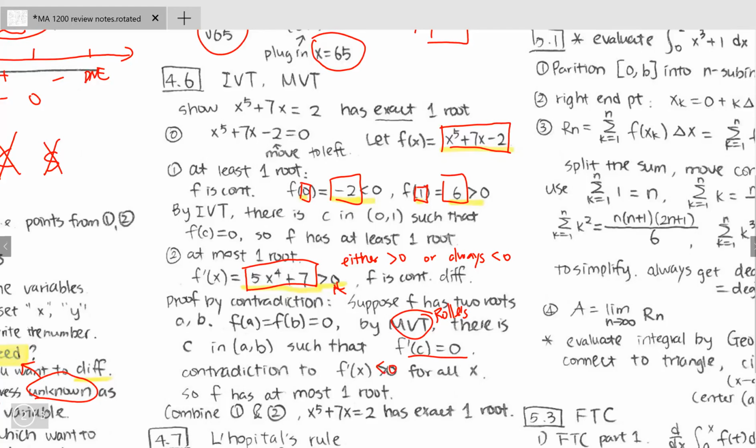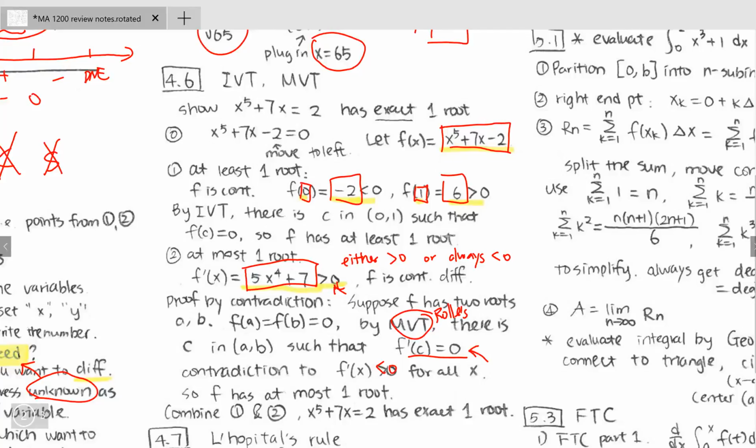No matter whether it's always positive or always negative, we have a contradiction with the derivative being 0 somewhere. Because we have a contradiction, whatever we assumed is false. So f cannot have two roots, so f can have at most one root. Then combining those two cases, we know the equation has exactly one root.